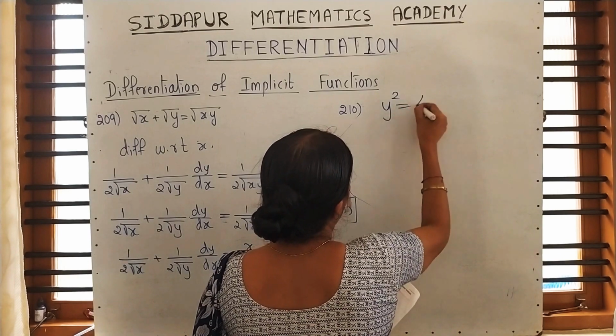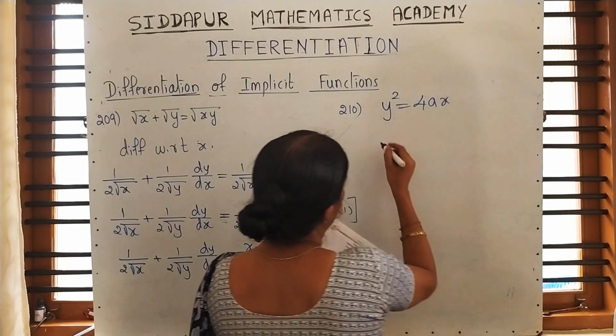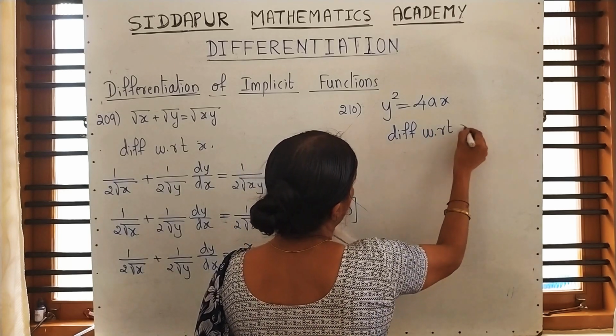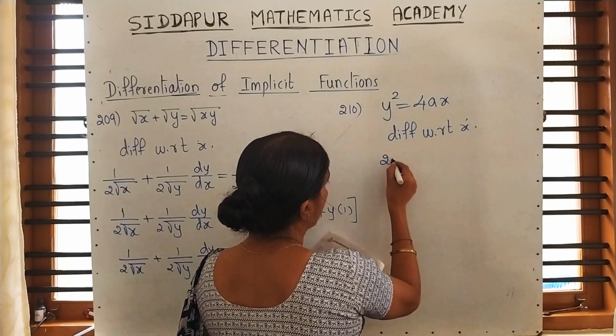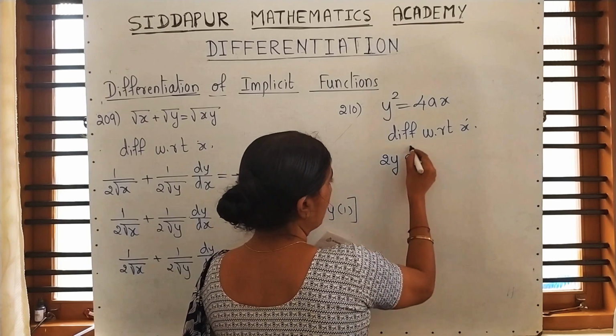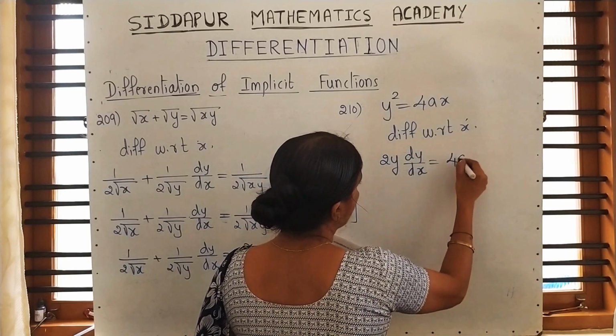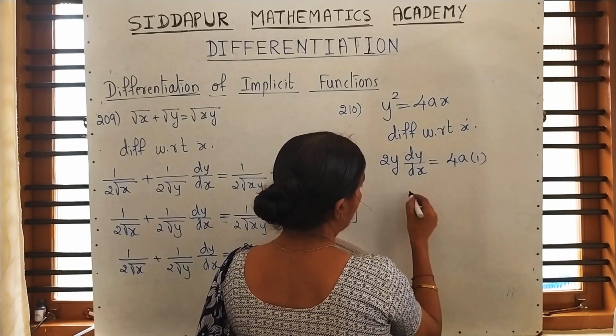Y square is equal to 4ax. Differentiating with respect to x, differentiation of y square is first power, 2y into dy upon dx. Here 4a is a constant, differentiation of x will be 1.